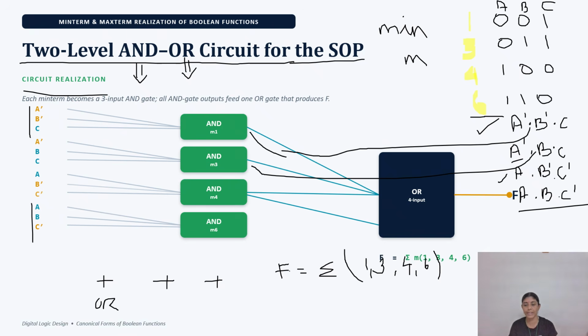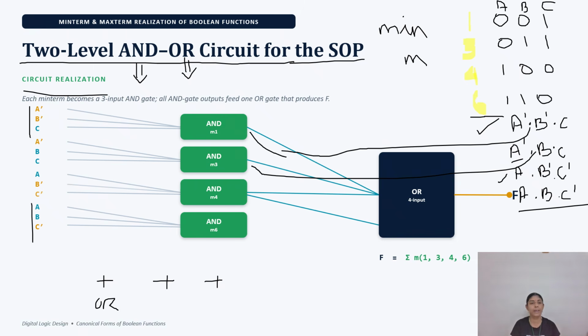That is your F. See here, I have written F is equal to summation of 1, 3, 4, 6. What is this? This is a minterm, so the way I represented m here. The same you can see here, I have written in the PPT as F is equal to summation of 1, 3, 4, 6.